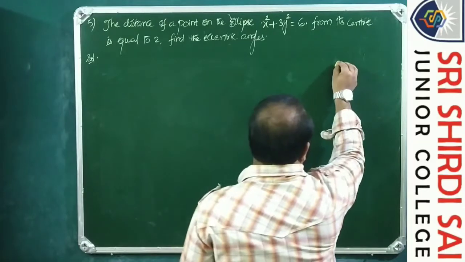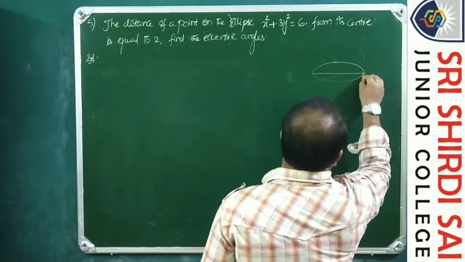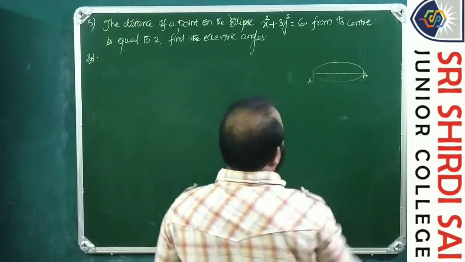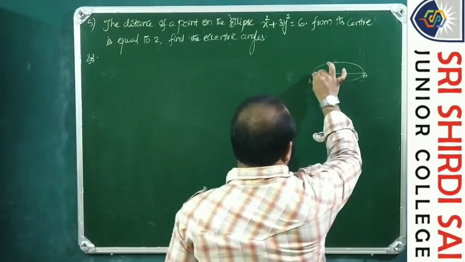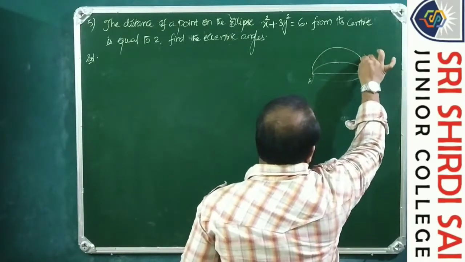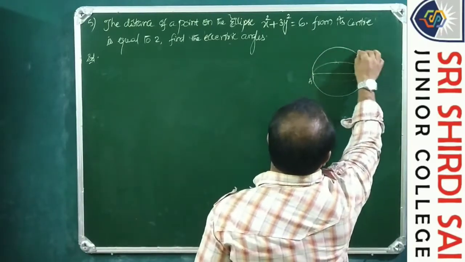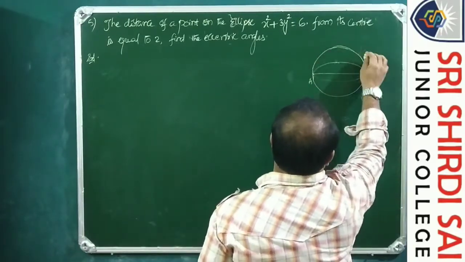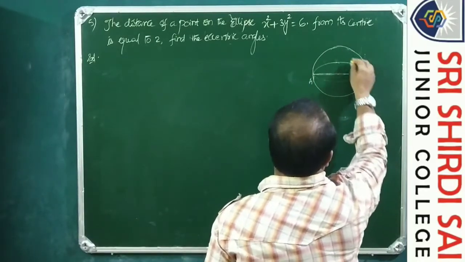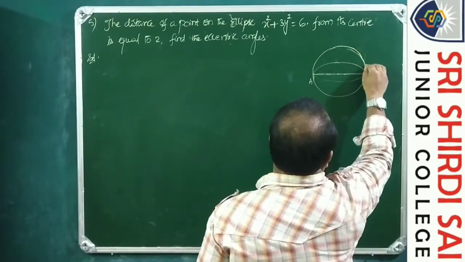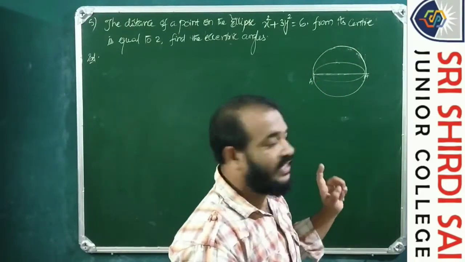So, for example, this is our ellipse and this is A dash. A dash is the major axis, and the circle described on the major axis as the diameter of this circle, so the circle described on the major axis of the ellipse as its diameter, is called the auxiliary circle.